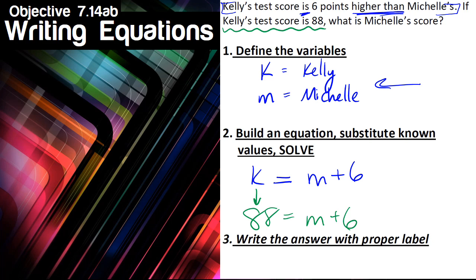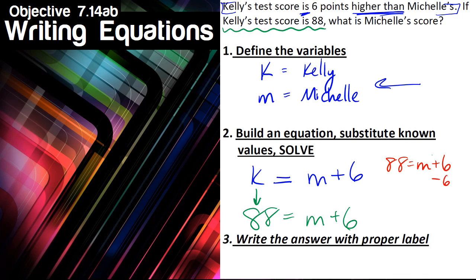So now we have to solve for M here. And so what we do is our handy dandy one-step equation here. So let's go ahead and rewrite our equation on the side here so you can see it. So we have 88 is equal to M plus 6.